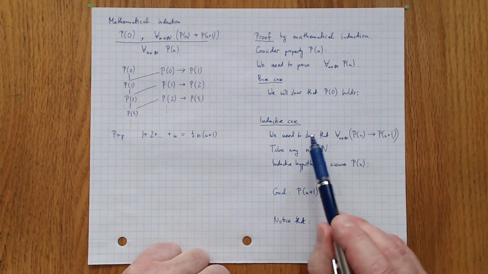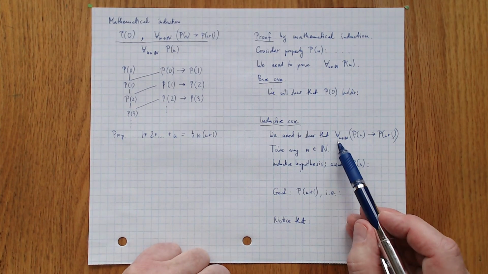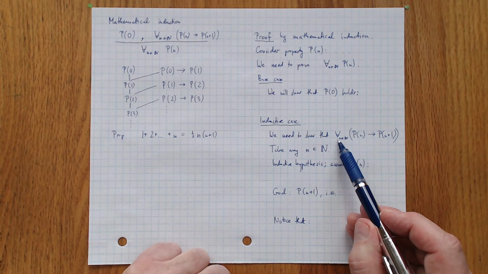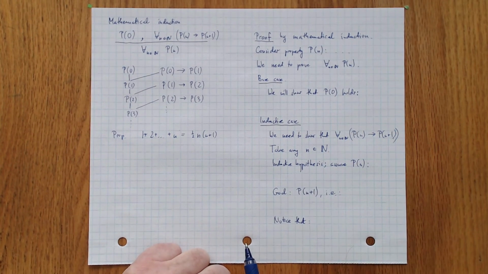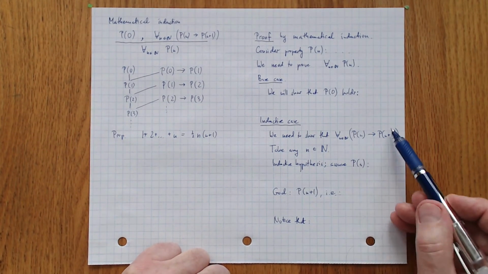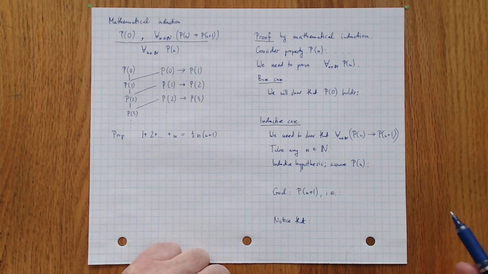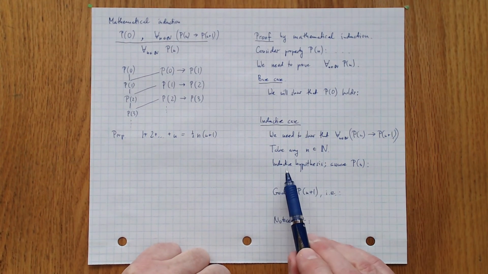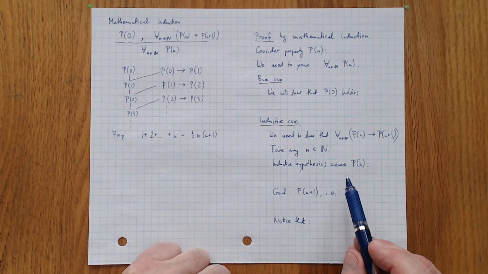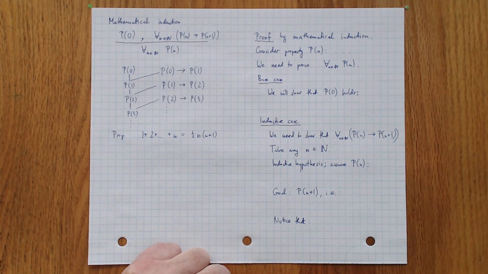To accomplish this, we will handle the universal quantifier as usual in proofs. We will say take any n in natural numbers. Now it remains to show the implication p of n implies p of n plus 1. So our inductive hypothesis will be assume p of n.